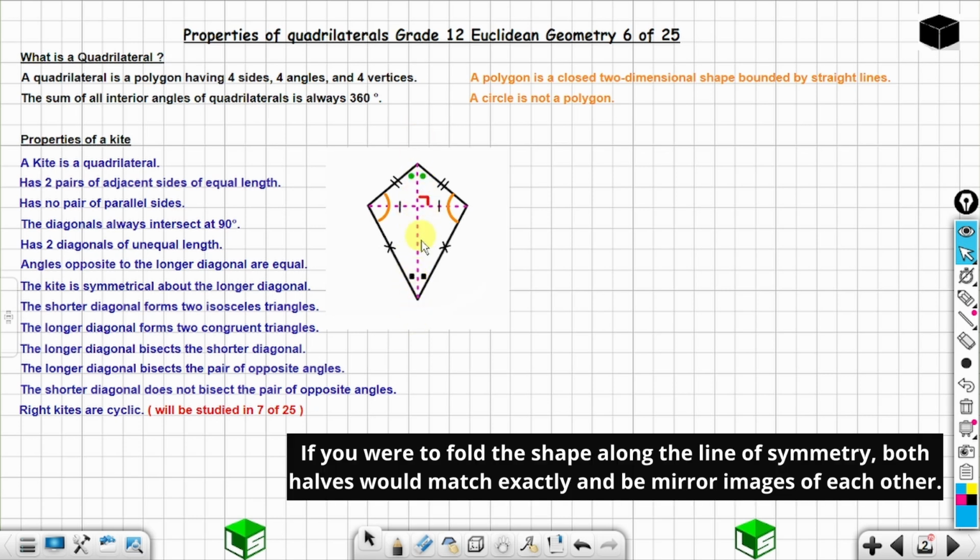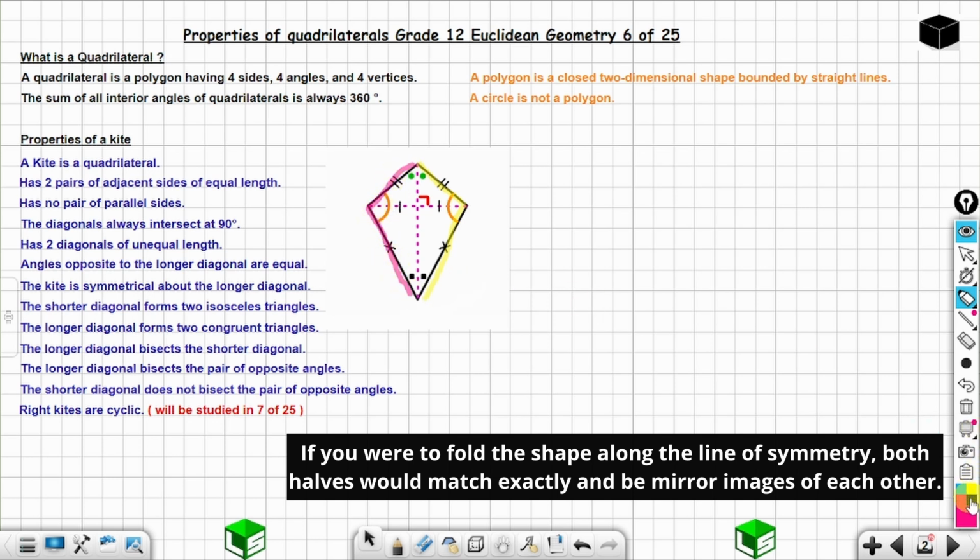If you fold this kite about this line, you are going to have this part exactly on top of this part.